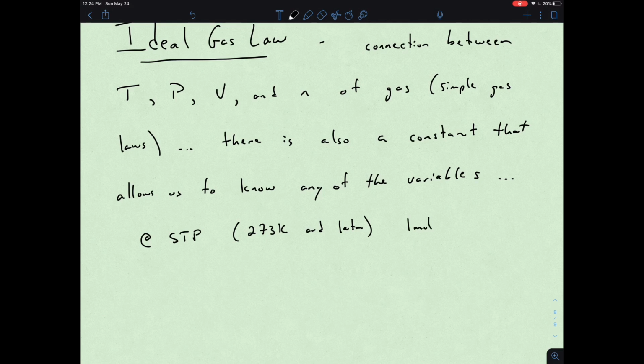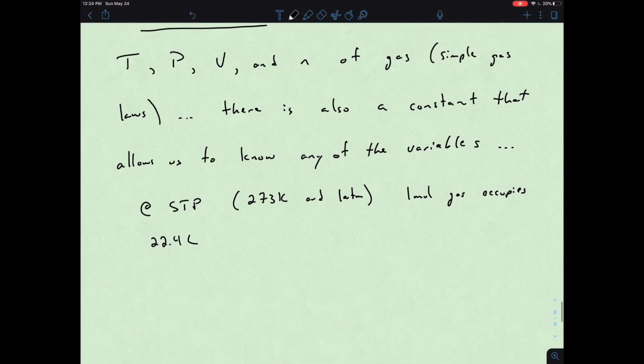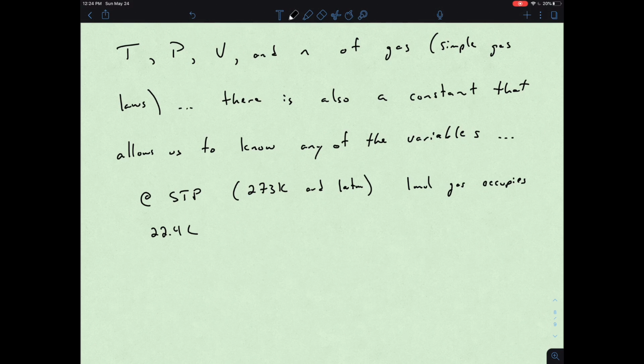1 mole of gas occupies 22.4 liters. And if we think about all the relationships that we've talked about, we had Boyle's relationship, which was like P1V1. We then had Charles' relationship, which was like V1 over T1. We had Amontons' relationship, which was P1 over T1. And then we have the combined gas law representation, which is what we see here so far.